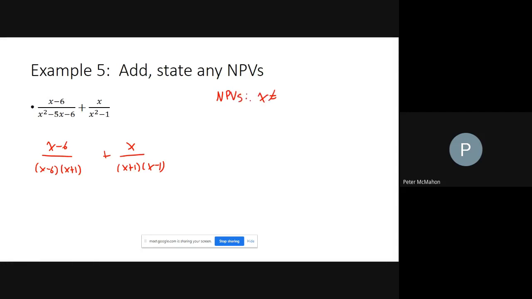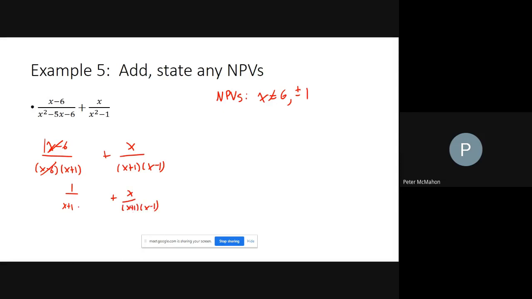We have 6, and we have negative 1 and positive 1. Now, just a quick little strategy here, which can make this easier: if I have an x minus 6 and an x minus 6 here, I can just cancel those out. This can make this question a lot easier, because now I have 1 over x plus 1 plus x over x plus 1, x minus 1.